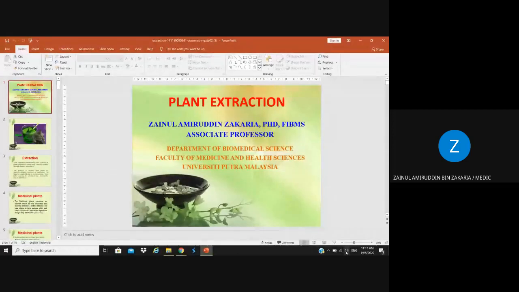Since we join with genetics lecturers, the genetics lecturers are more on patient-based research, but the real biomedic, most of them are doing mostly plant extraction or plant-related bioactive compounds.